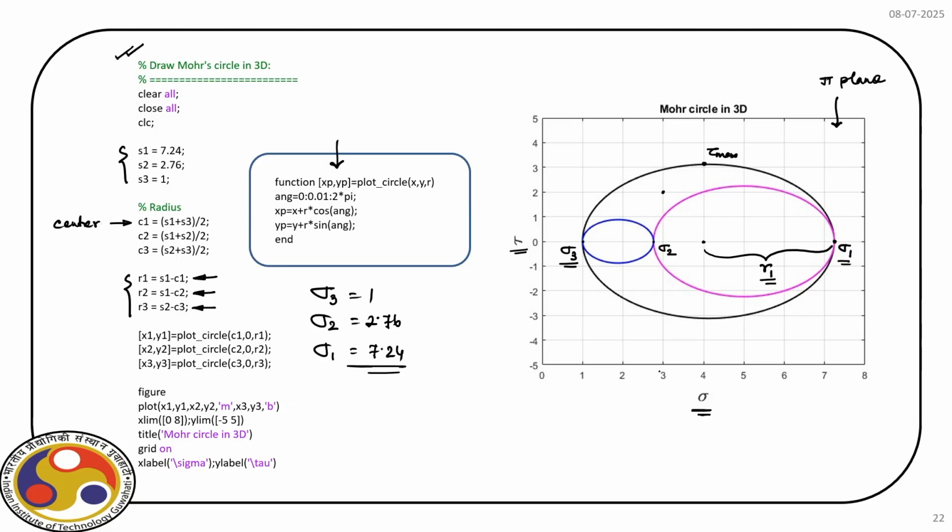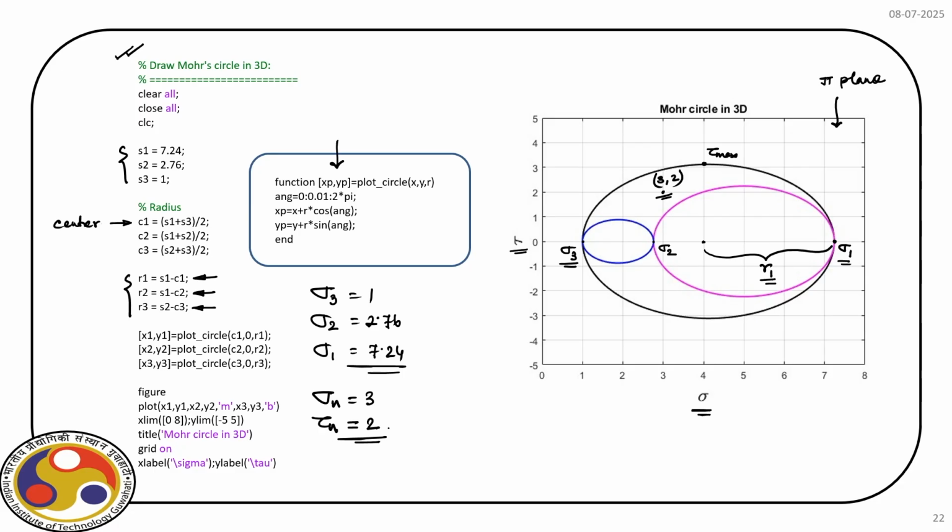So, we can see our x coordinate is 3 and y coordinate is 2. So, at this point, we have sigma n is 3, that is the normal stress, and shear stress tau n is 2.